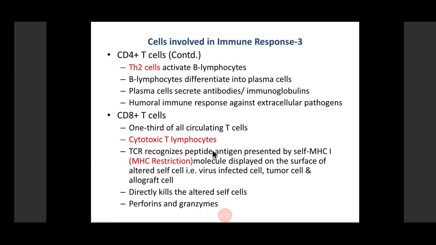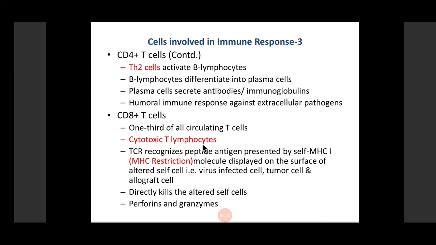Just remember a rule of 8. The product of the CD number and the MHC class should be 8. So if it is a T helper cell which has a CD4 molecule, 4 multiplied by what, so that you get 8? You multiply it by 2, so from that 2 you can pick out MHC 2. Another rule of 8: CD8 positive T cell recognizes antigen in context of MHC class 1.